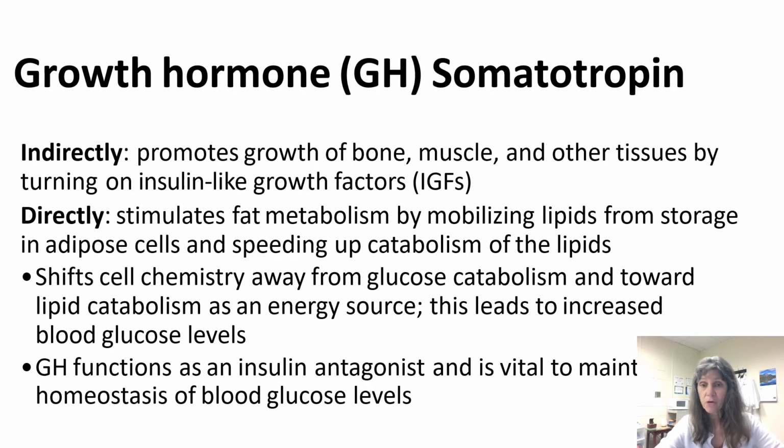To recap, growth hormone has indirect actions where through the release of insulin-like growth factors from the liver, growth hormone helps promote building, anabolism of bone, muscle, and nervous tissue and immune cells. However, directly what's going to occur with growth hormone is we're going to see this catabolism of fat.